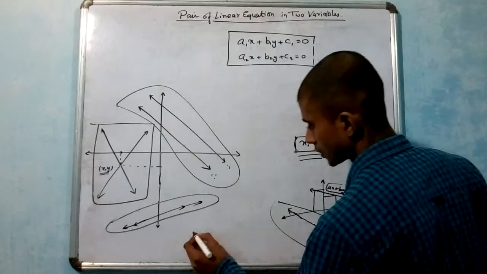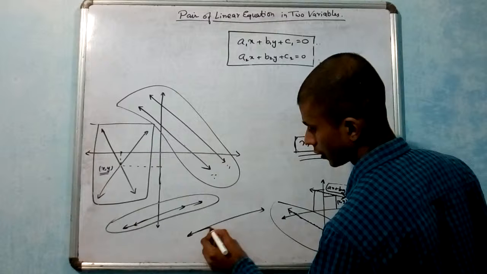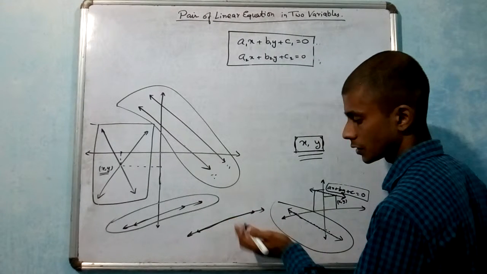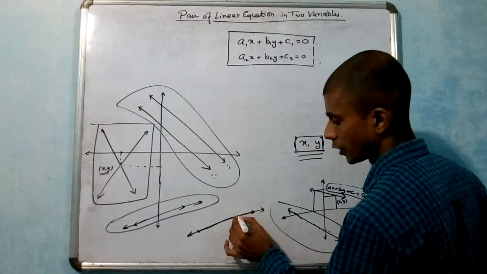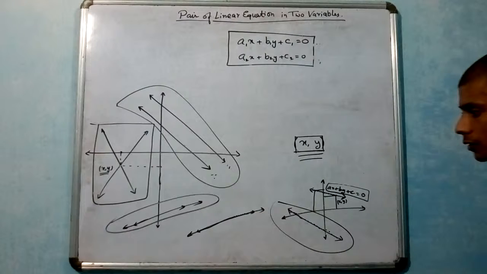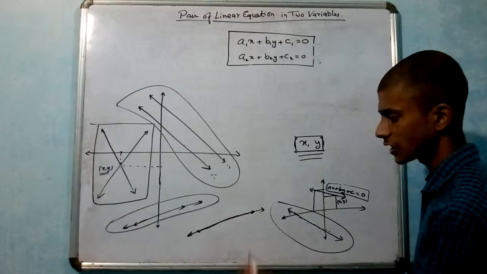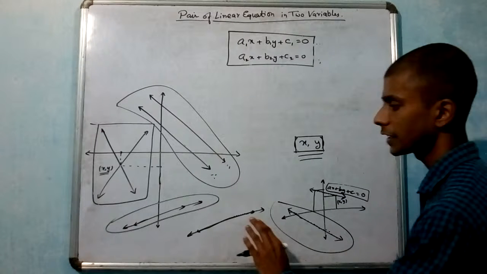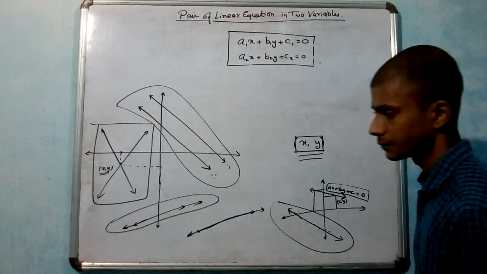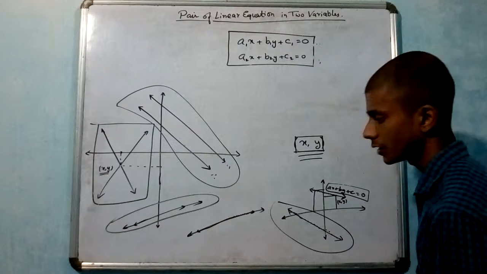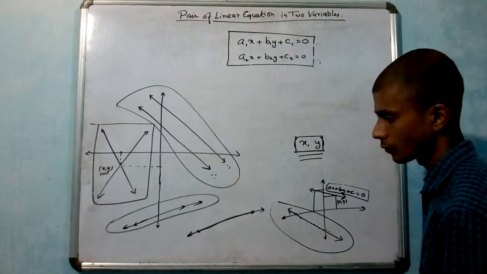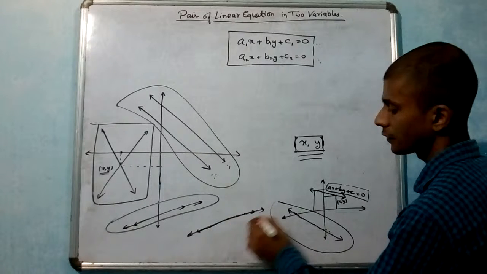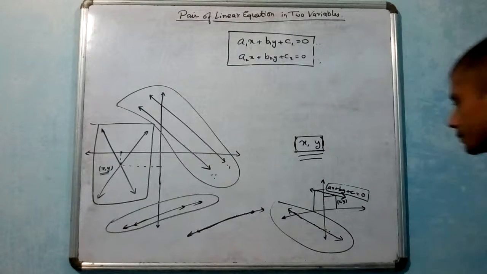If we plot the points for both lines, we observe that both coincide exactly. What does it mean? Each and every point on one line will be a solution of the other line, because each point on one line also lies on the other. So they have an infinite number of common points, and therefore an infinite number of solutions.